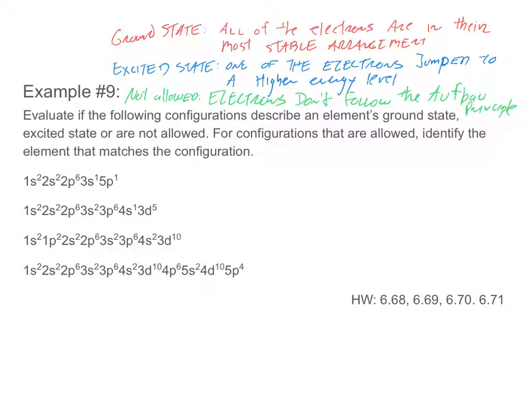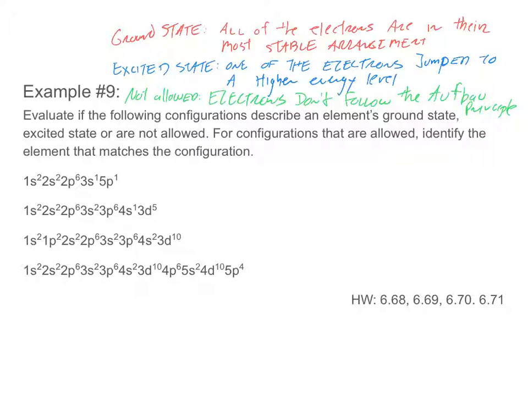So if we take a look at these examples, in the case of the first one, I see that it's 1s2, 2s2, 2p6, 3s1, 5p1.